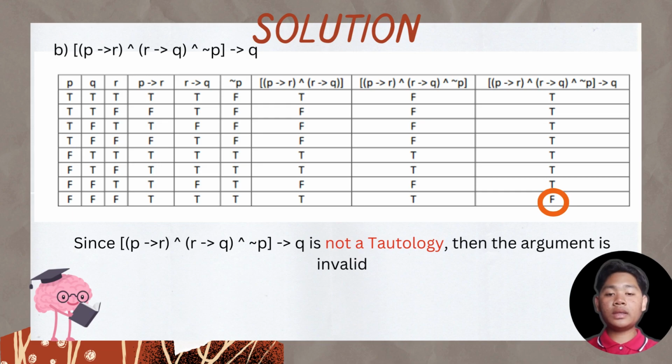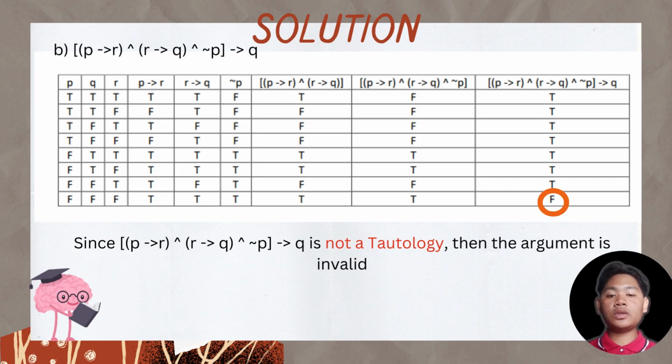Example 1b. P implies R and R implies Q and negation P implies Q. In this question, there are three statements which are P, Q and R. For statement P, fill with true, true, true, true, false, false, false, false in the column.